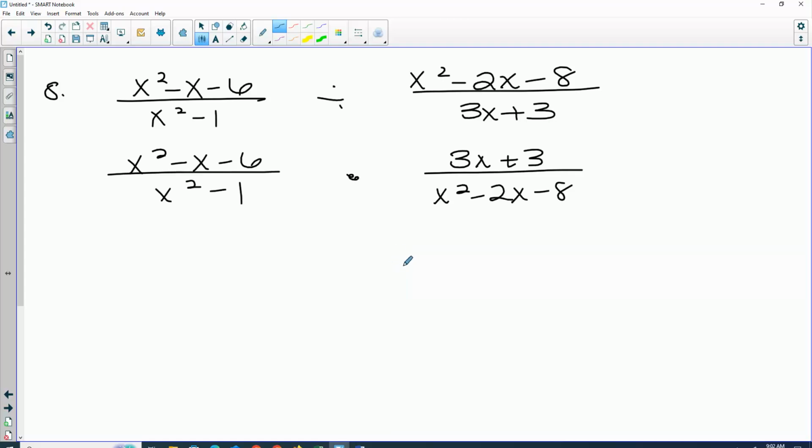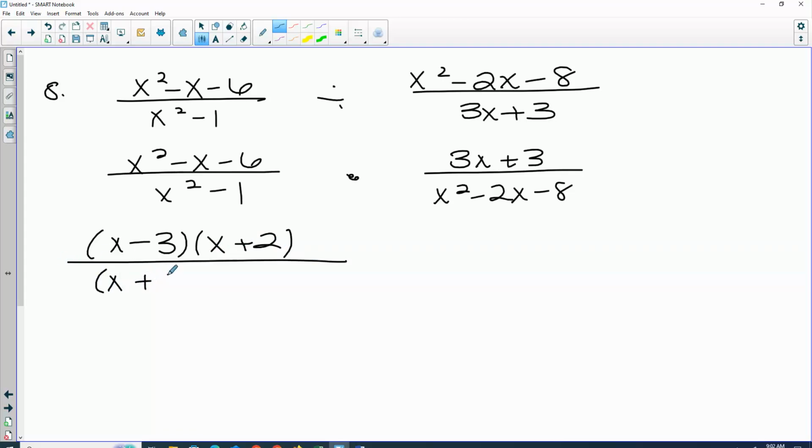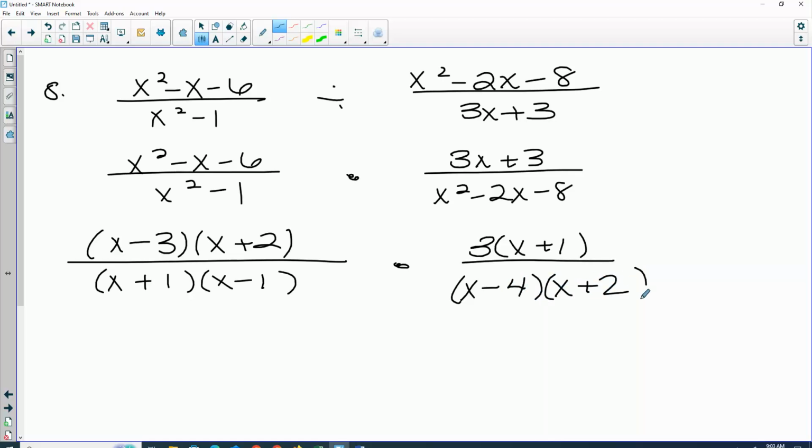So we want our answer to be as simplified as possible, so we factor. X squared minus x minus 6 would factor into x minus 3, x plus 2. X squared minus 1 factors into x minus 1, x plus 1. 3x plus 3, what would we do? X squared minus 2x minus 8 gives us x minus 4, x plus 2.